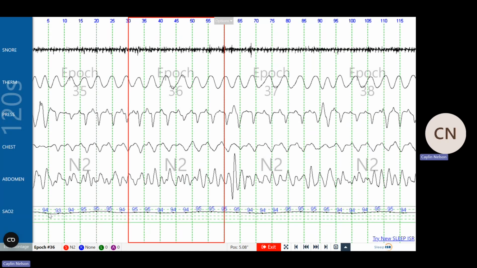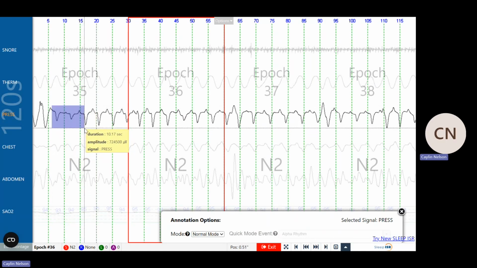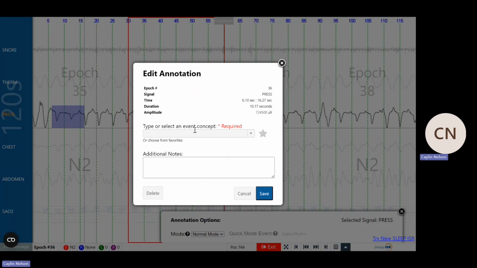So we're going to start here at 35, between 35 and 38. Now, first thing I'm seeing is I can initially see that change in that pressure channel. So between 5 and 15, it's about 10.17 seconds of decreased airflow.